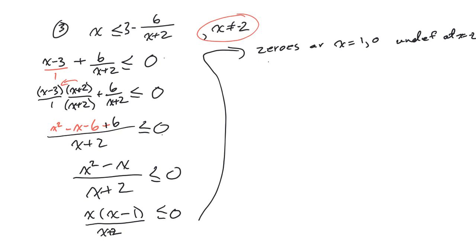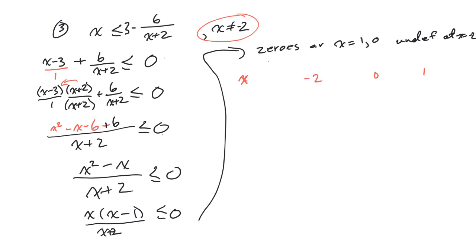So now let's set up all of the possible x values that we have for our inequality. So we have points that are defined at 0 and 1, and we have an undefined value at negative 2, so we have to have that.